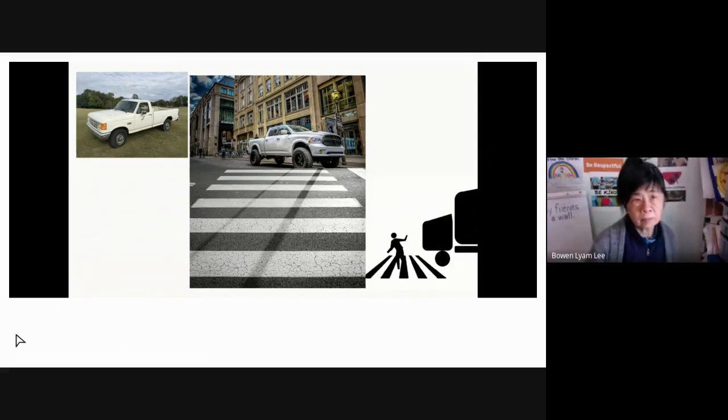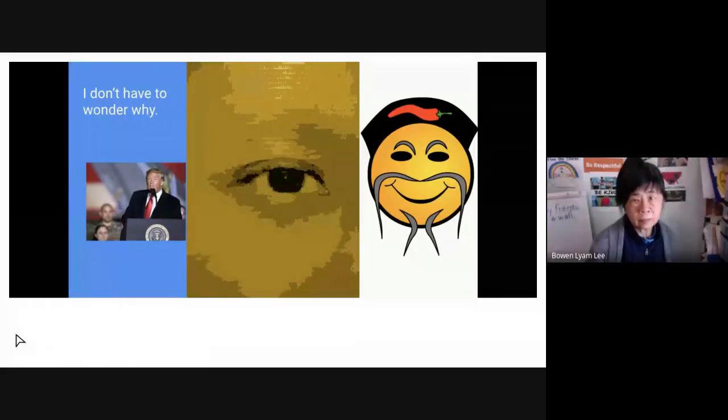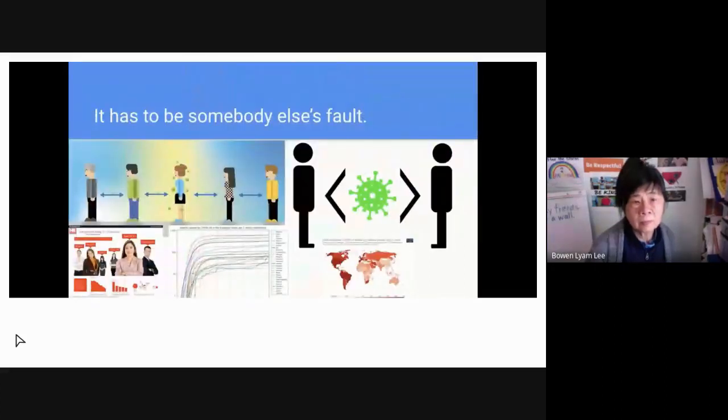I don't have to wonder why. It has to be somebody's fault. All this social distancing, all this sheltering in place, all this wear a mask, stand 6 feet apart, lose your job, get sick, and die.